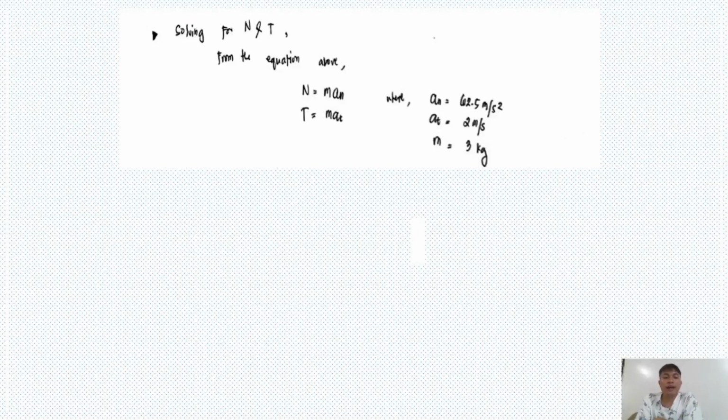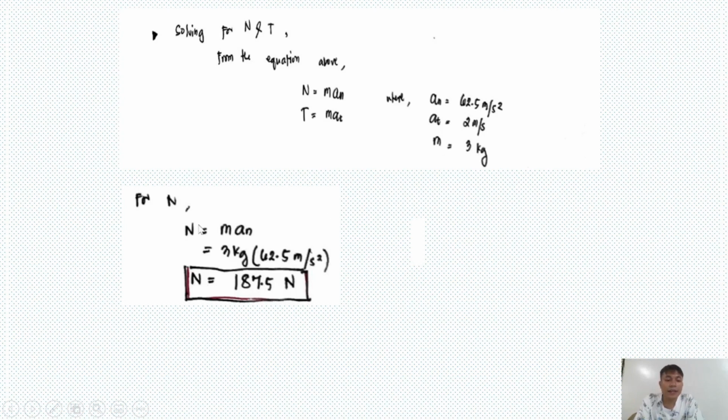Now, we have to solve for the force and the tension. From the equation above, we know that N, the force, is equal to M An, where An is 62.5 meters per second squared and AT is 2 meters per second squared, and the mass of our body is 3 kilograms. Substituting these values, the normal force is 3 kilograms multiplied by 62.5, which gives us 187.5 Newtons.